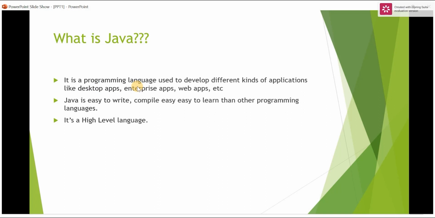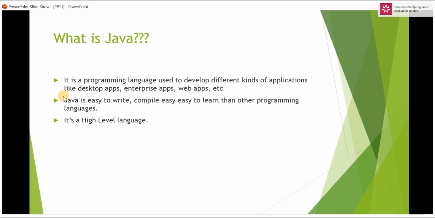Enterprise applications are called business applications, the applications we use for our business. And web applications are the applications that we can open in our browser. So Java can be used to create all of these kinds of applications.